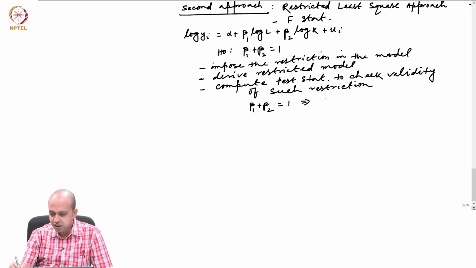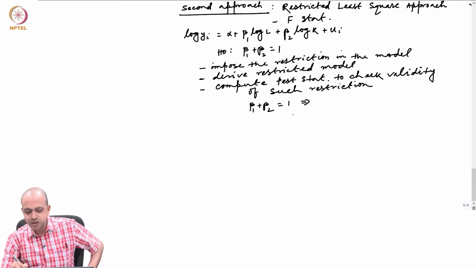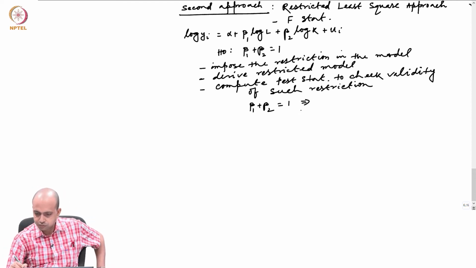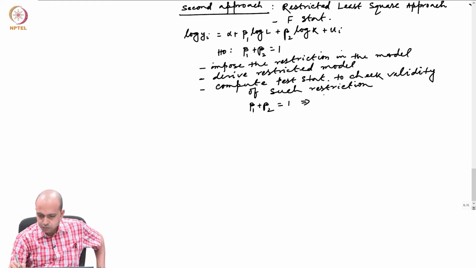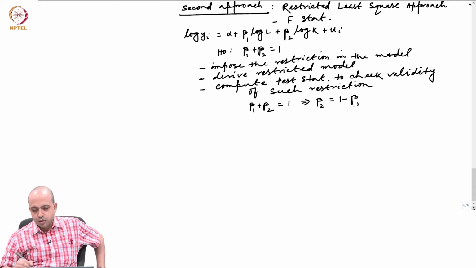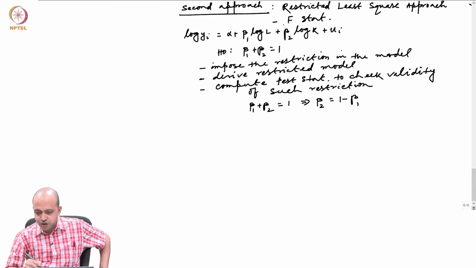So, let us say beta 2 equals to 1 minus beta 1, right. Then you impose this restriction here.